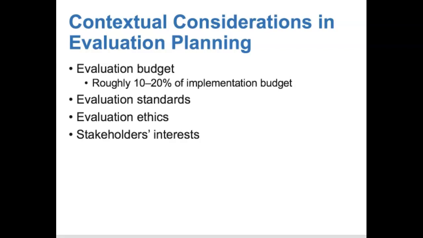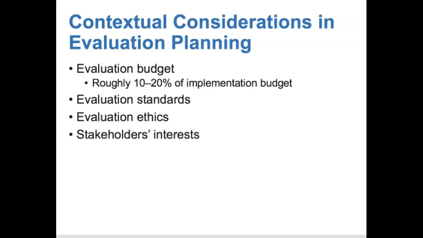Ethical considerations can affect both program eligibility and also procedures for an evaluation. One example would be how informed consent is obtained by participants. You also need to consider who your stakeholders are and their interests.